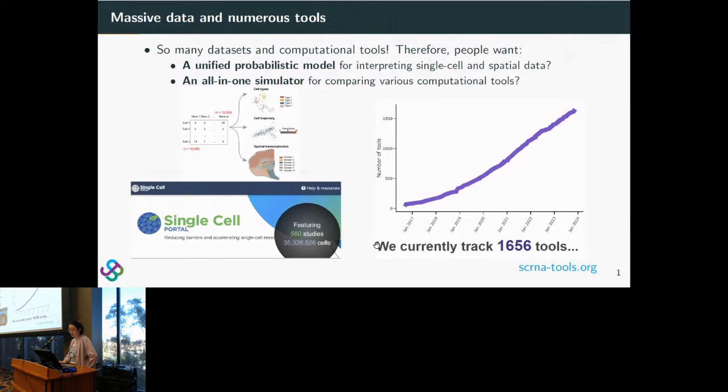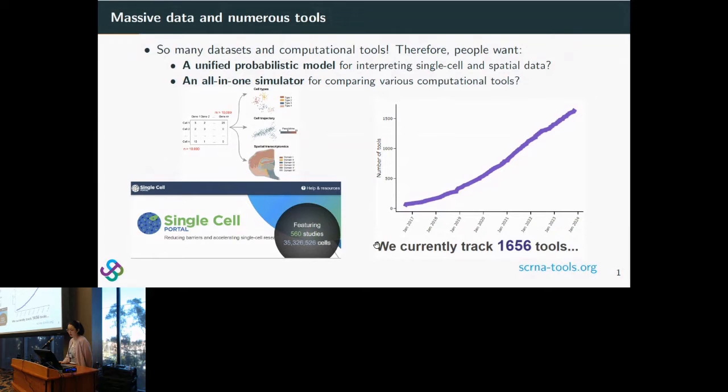On the left figure, we can see that we already have so many cells being sequenced, and these cells can come from various cell states, including discrete cell types, continuous cell trajectories, and also the spatial locations of the sequenced samples due to spatial omics technologies. On the right figure, based on scRNA-tools.org, more than 1,600 computational tools have been developed to analyze those sequenced cells.